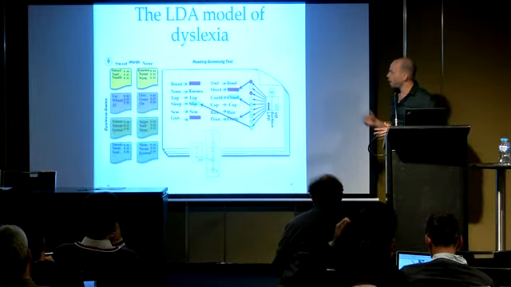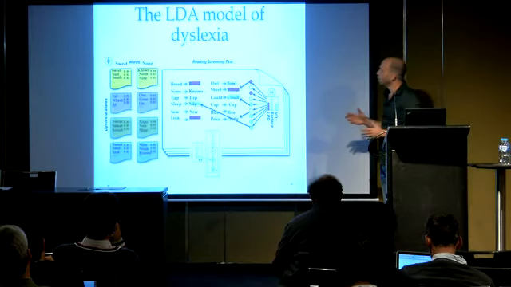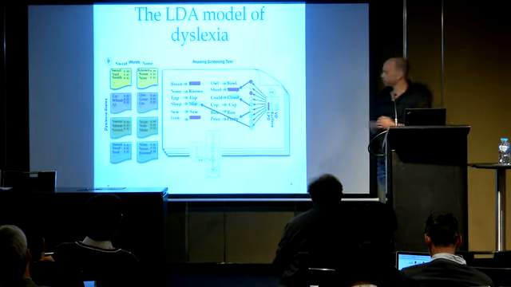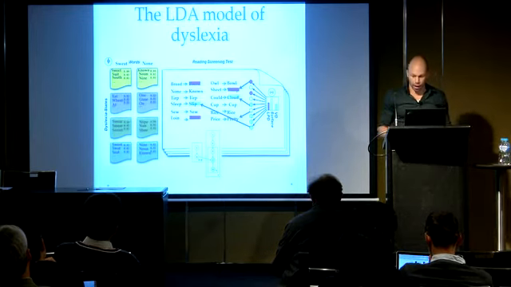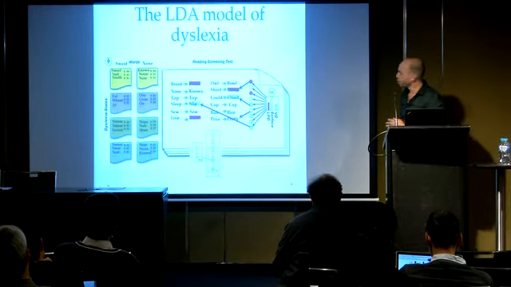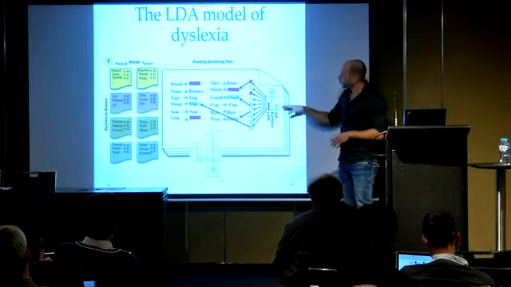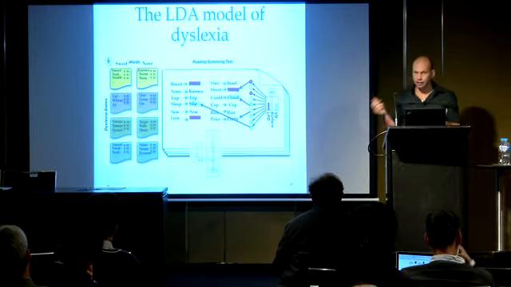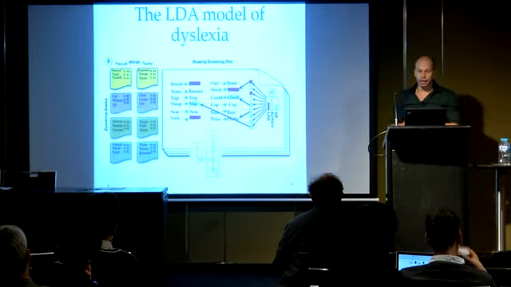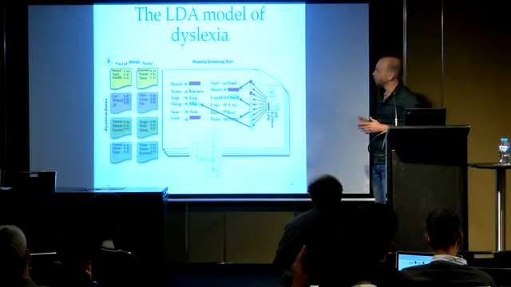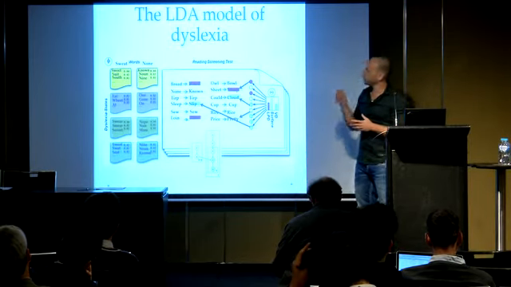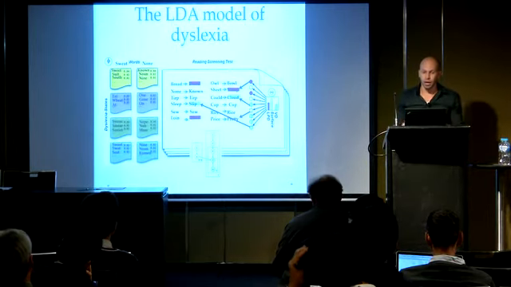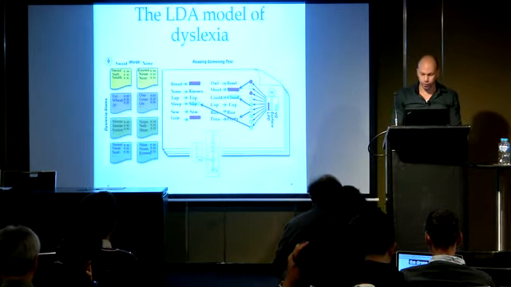Again, we have pairs of target words and responses. These are the observed variables to the model. And the model learns three things. For each subject, it learns a distribution over the dyslexia states. Second, it learns for all subjects, and per each dyslexia state and per each target word, a distribution over the possible errors.